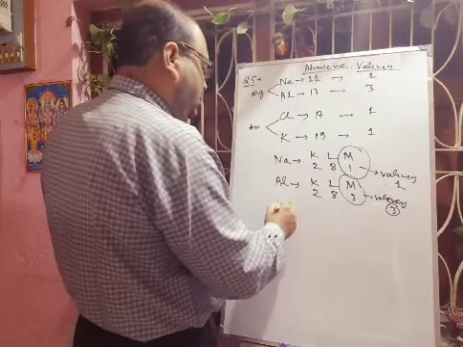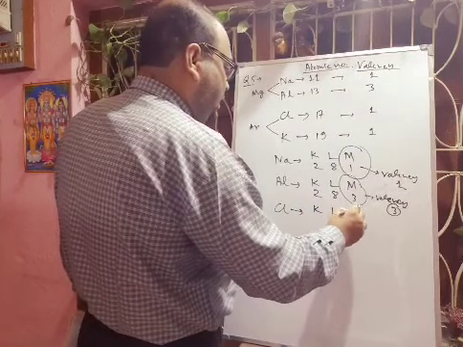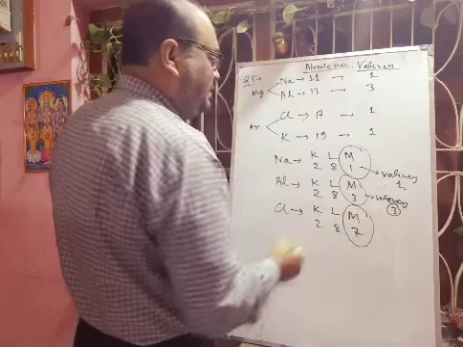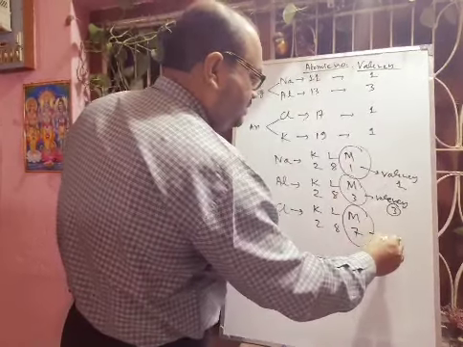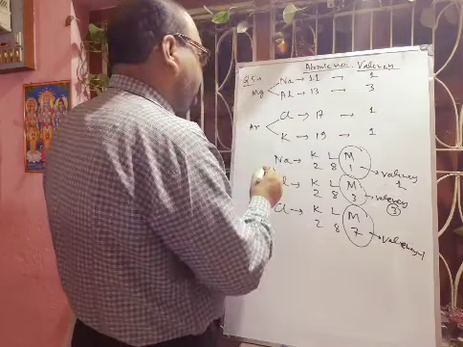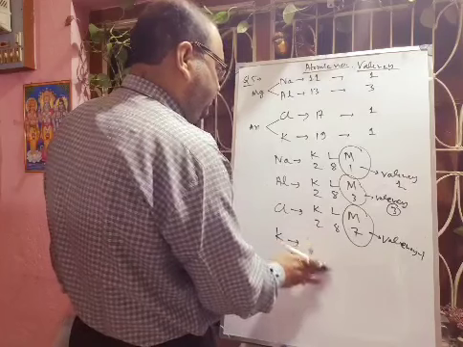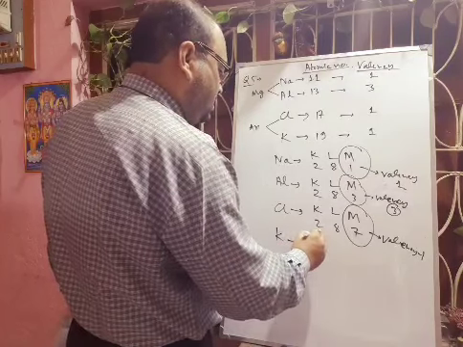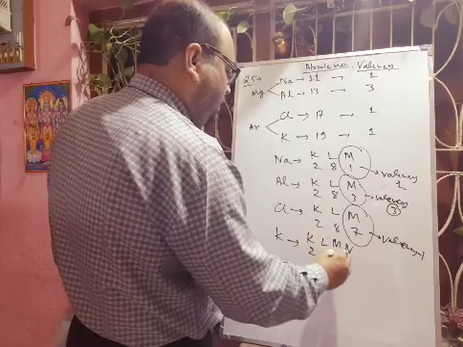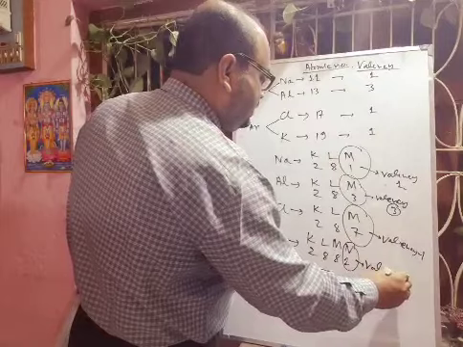If you write the electronic configuration, then you can understand that chlorine will be K L M 2, 8, 7. So in the valence shell 7 electrons are there, so valency will be 1. And potassium will be K L M N, 2, 8, 8, 1. So in the valence shell 1 electron is there, so valency will be 1.